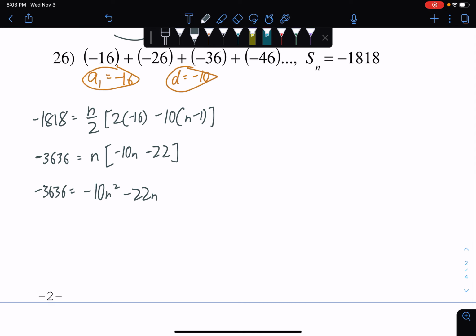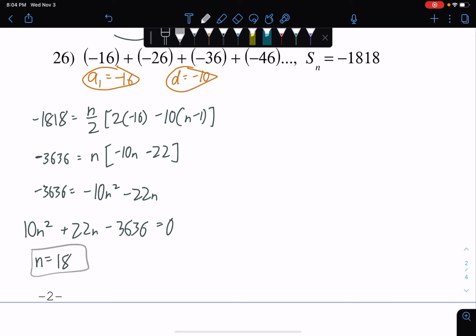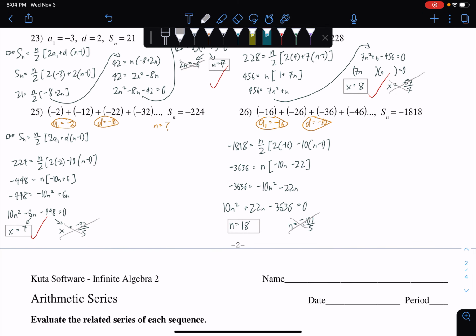Move the 10n raised to 2 to the other side to make it positive. There you go. And we use the scientific calculator to factor this expression. Our n is equal to 18. And if you want to know the other n, it's equal to negative 101 over 5, which is negative, so disregard. This is correct.